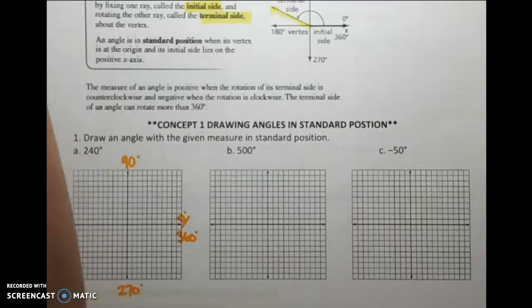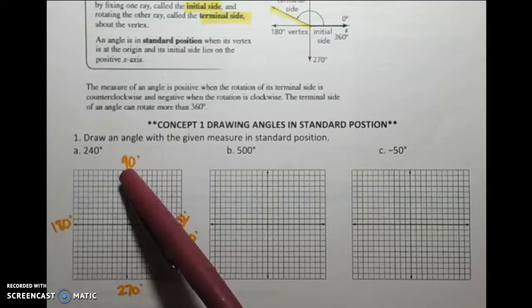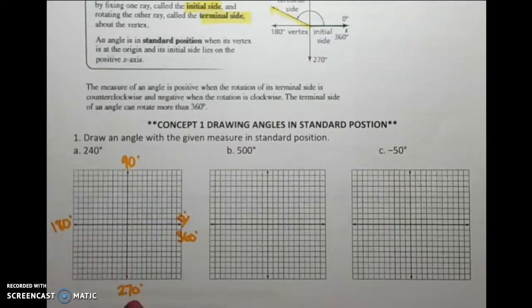Okay, so a couple things here to identify is that it starts at 0 degrees. This up here would be 90 degrees. All the way across would be 180 degrees, 270 degrees, and then back to 360 degrees.